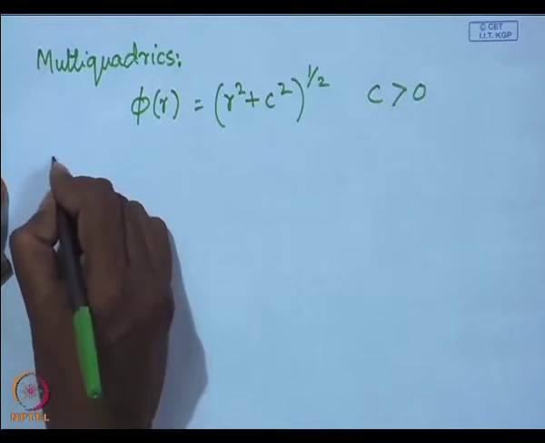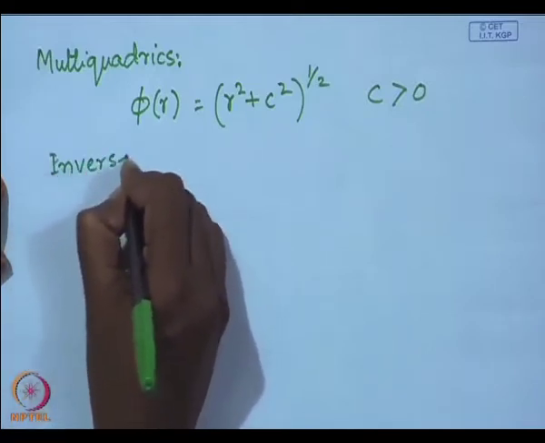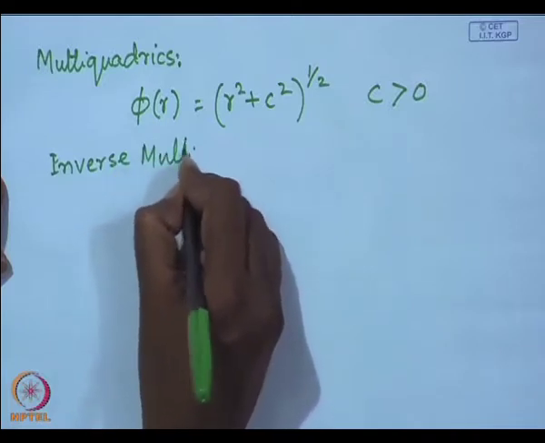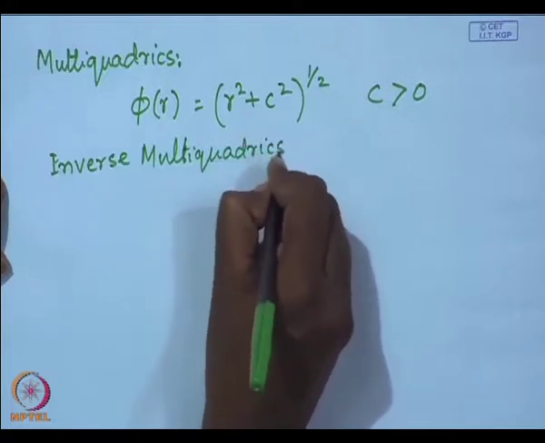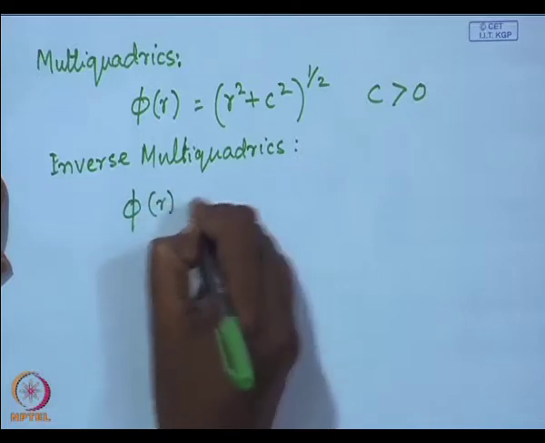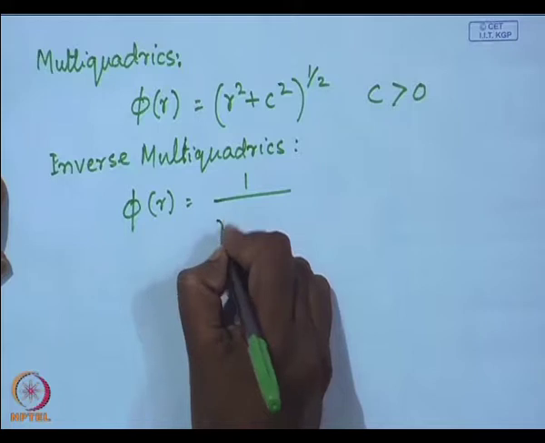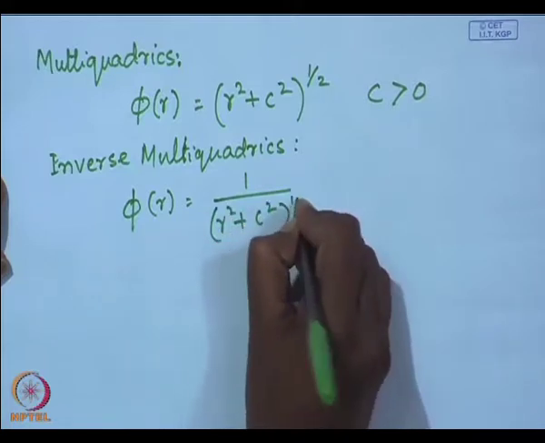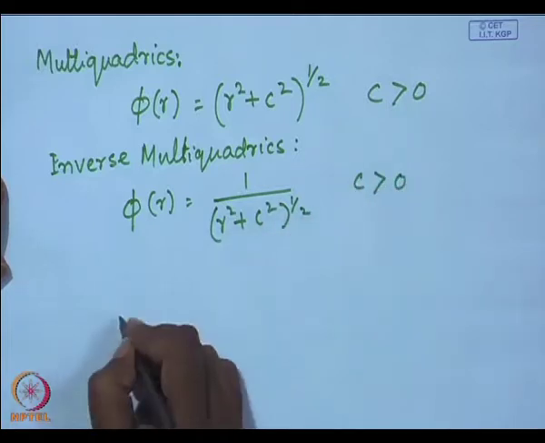Then I can have inverse multi-quadrics, where the function phi r is given as just inverse of quadrics, that is, r square plus c square to the power half for c greater than 0.